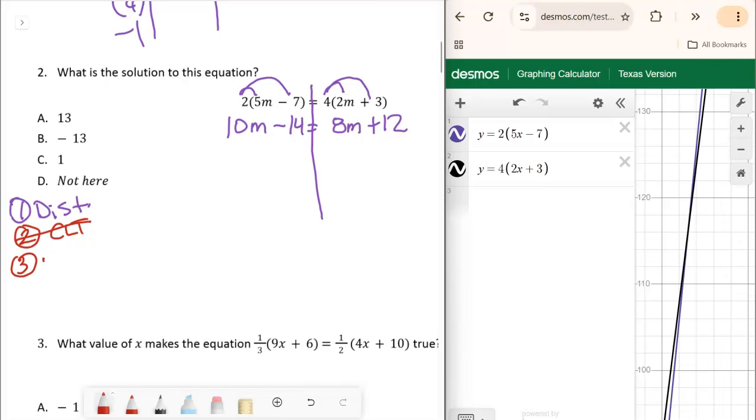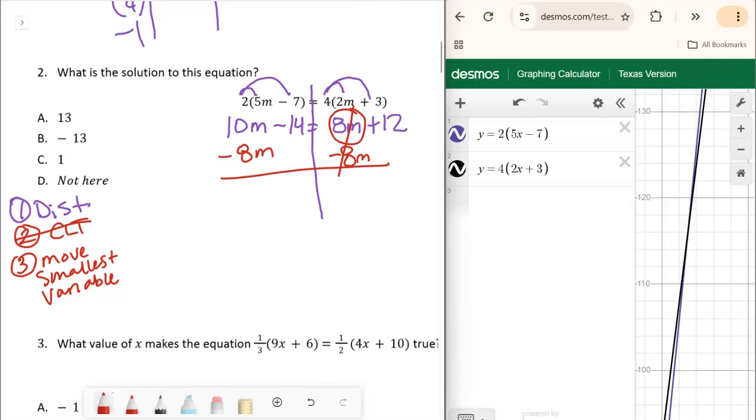Step number 3, move the smallest variable. So that would be the 8m. I'm going to subtract both sides by 8m. And that gives you 2m minus 14 equals a positive 12.